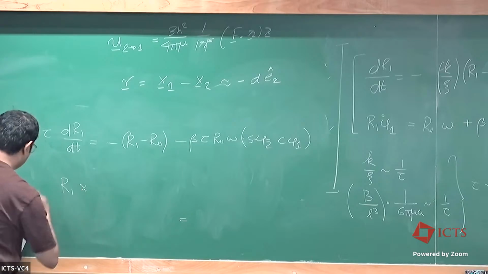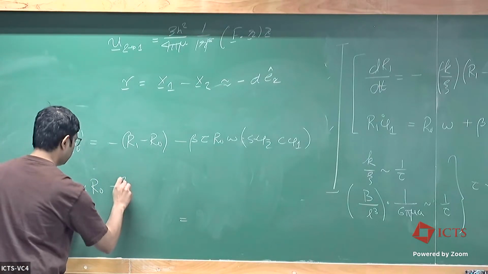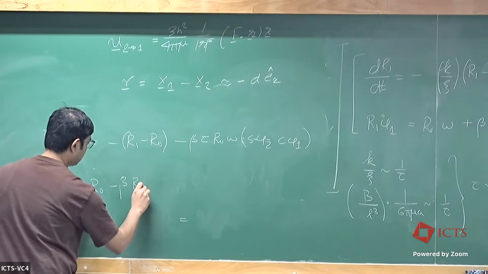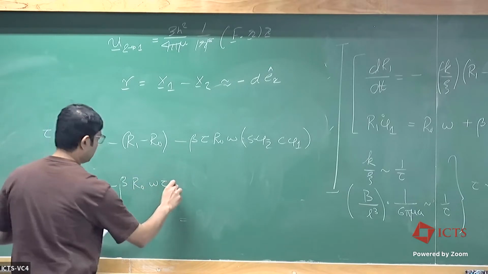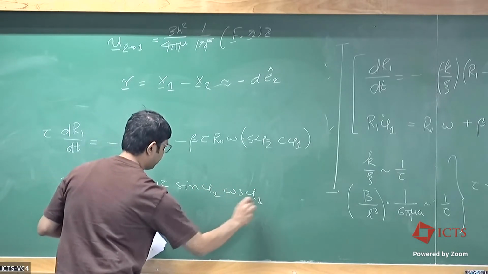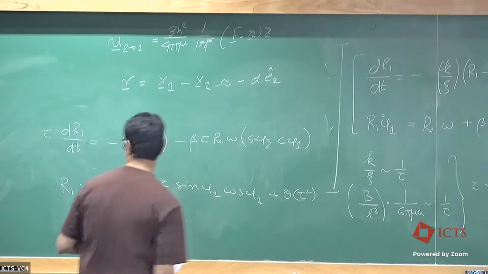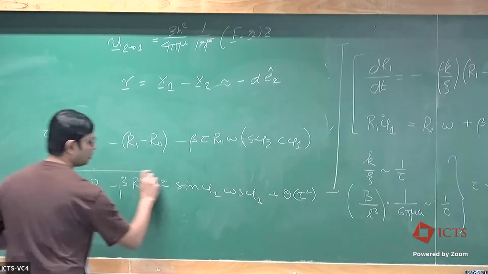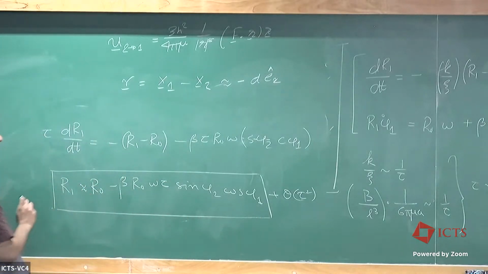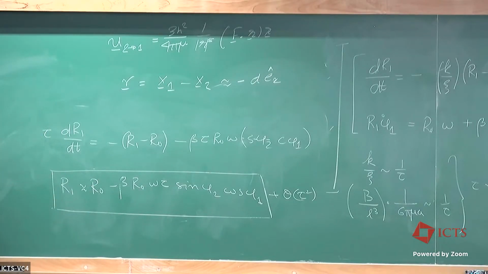R1 for all time, you can approximately write as R0 minus beta R0 omega tau sine phi2 cosine phi1 plus order tau squared. So this is really my solution to R1.